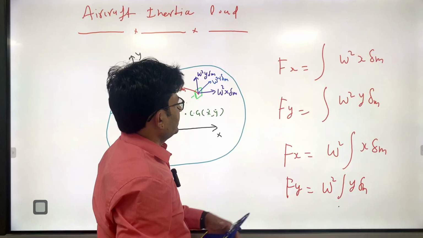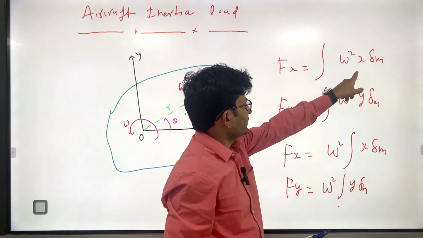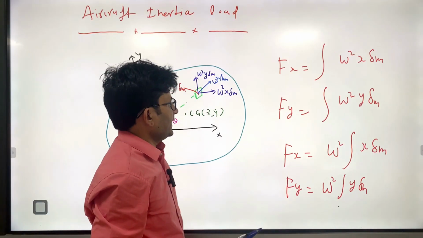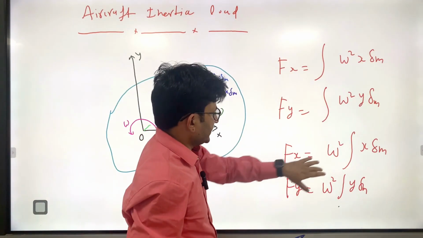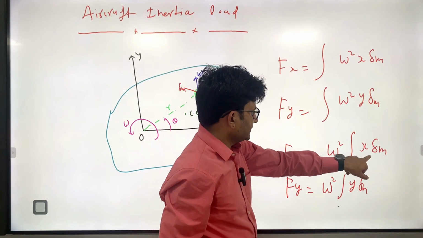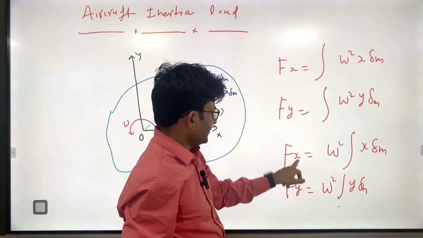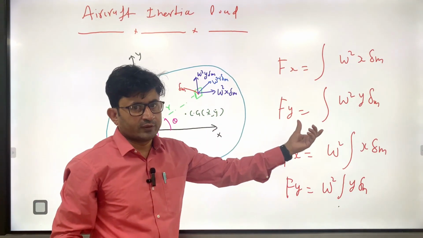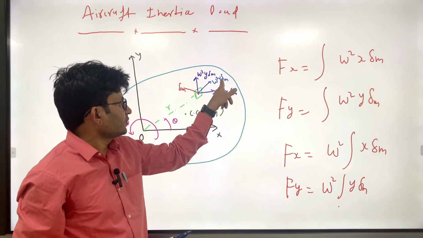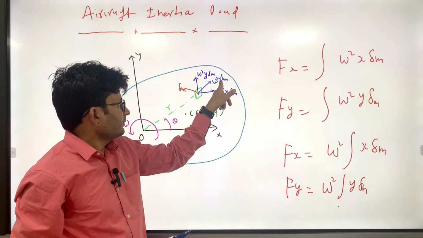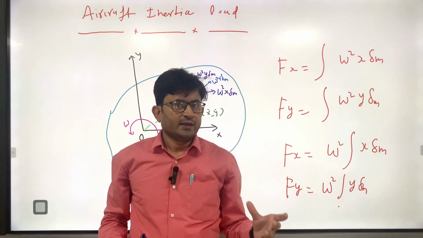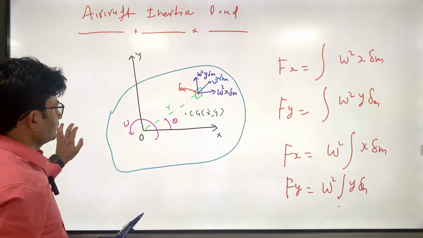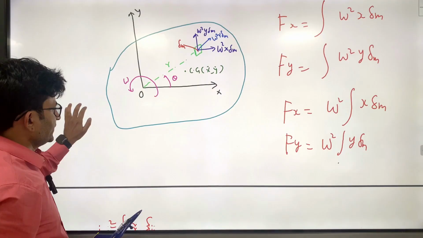So you can write Fx equal to omega squared integral x delta m and Fy equal to omega squared integral y delta m, and since omega is constant, you can take it out. The thing is clear why I am writing Fx and Fy: you are resolving r delta m omega squared, and you know that m r omega squared is the centripetal force.